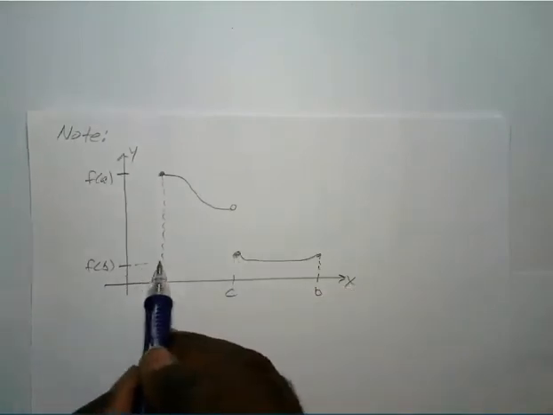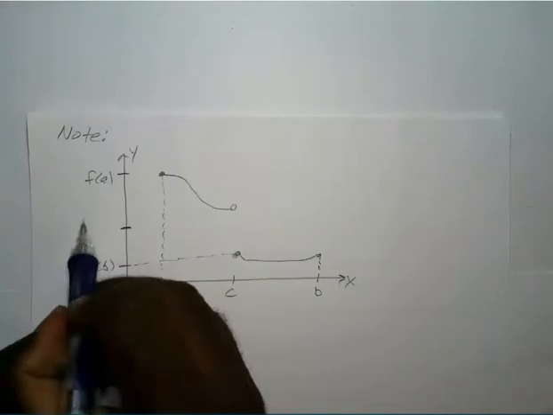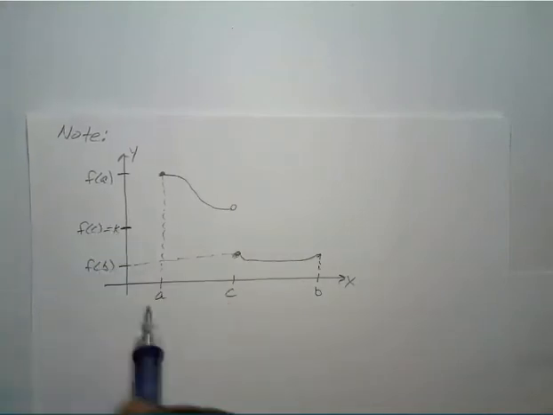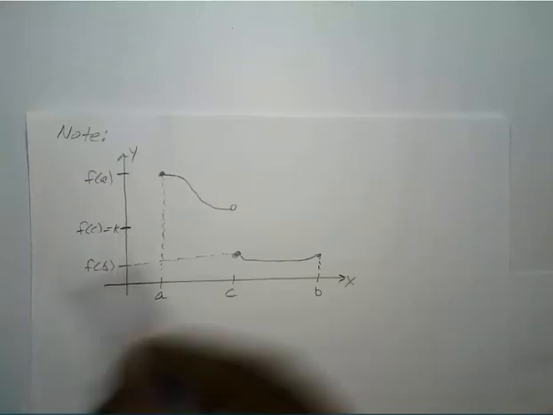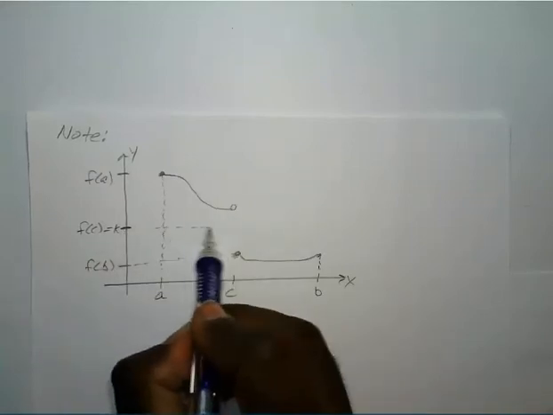okay, so you have your f of b and your f of a, but let's say you pick some value f of c equals k, right here. Now if you notice, it's right in between.